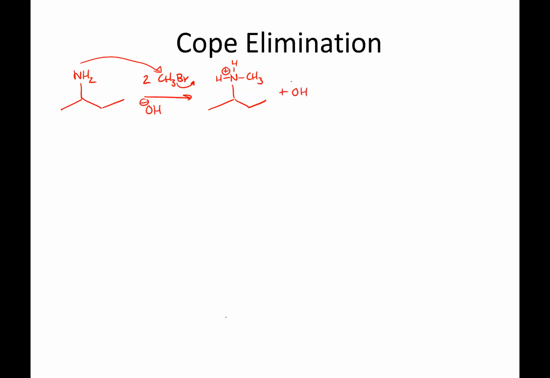Then I'm going to treat that with hydroxide so that it comes in and deprotonates the ammonium so that I form the amine. I'll go ahead and put the lone pair back in. Then I'm going to treat this with a second equivalent of methyl bromide.